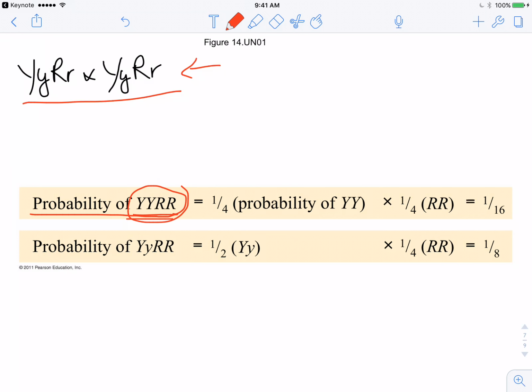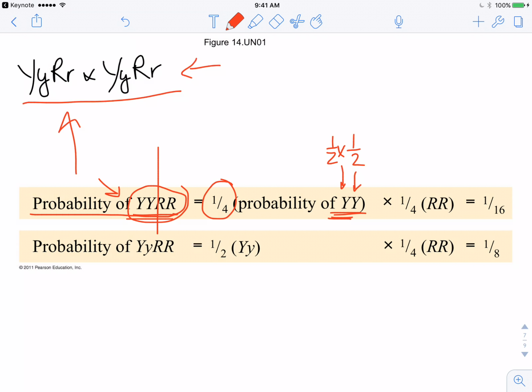To get this genotype from this cross, you have to look at these two genes individually. So first we're going to look at the probability of getting the homozygous dominant for one gene. Again, it's 1/2 odds that you're going to get that allele, 1/2 odds that you're going to get that allele. You multiply them together and you get 1/4 is the probability of getting the homozygous dominant of this.